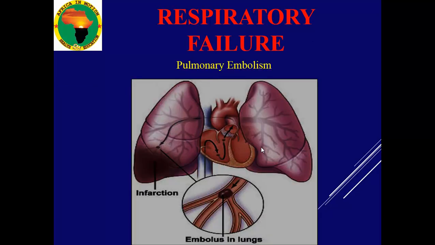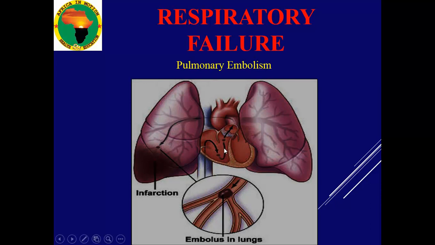Pulmonary embolism: if an embolus is coming from far away from the lungs, for example, from the legs, if you have varices, it's a high risk. This embolus will travel upwards until it enters the heart.